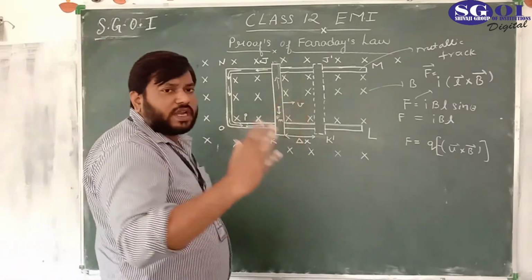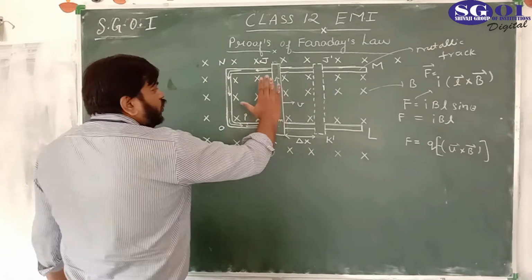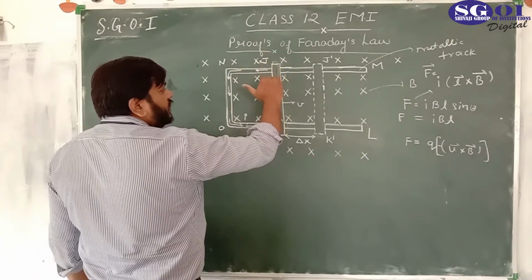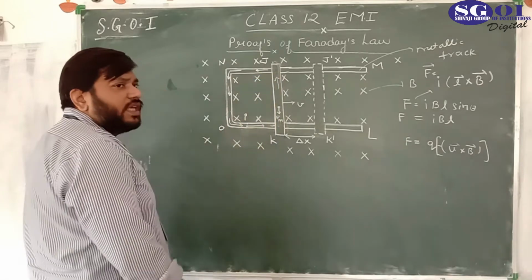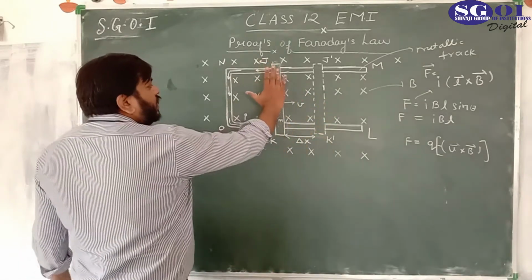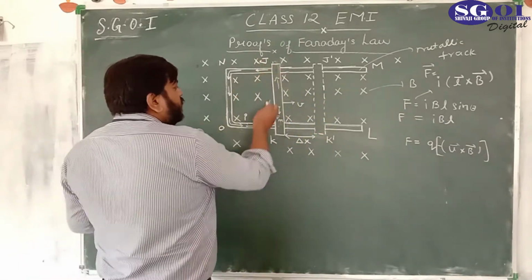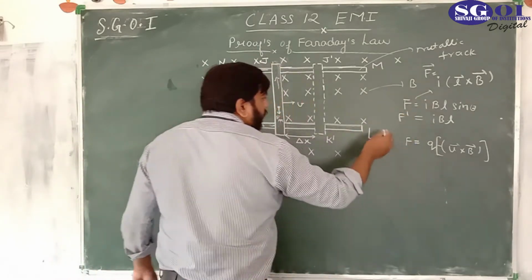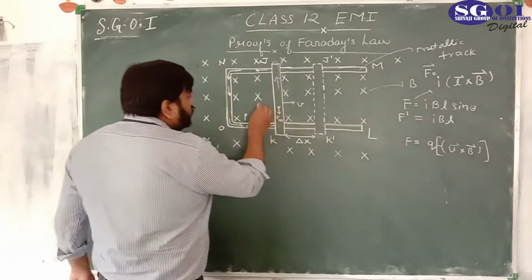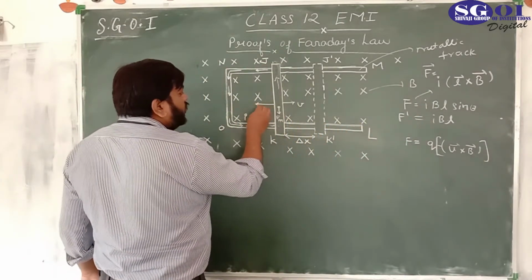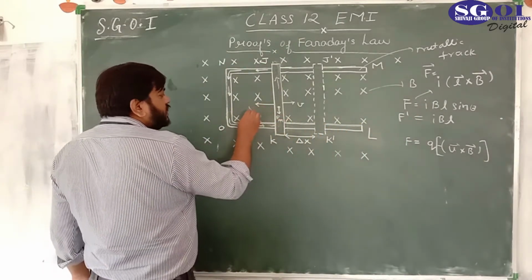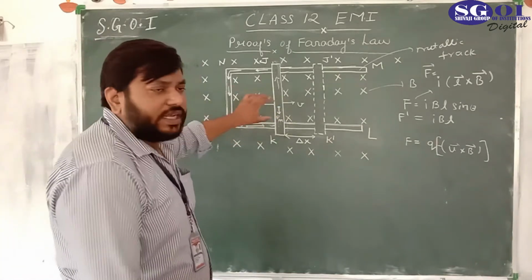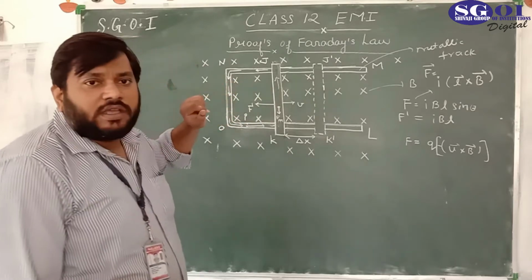Just use the right hand rule for L cross B. Put your hand in the direction of L and close your fingers toward the magnetic field direction. The thumb is pointing in this direction. It means that force, name that force F dash, so that you would not confuse it with the other forces. This force F dash starts acting in this direction.